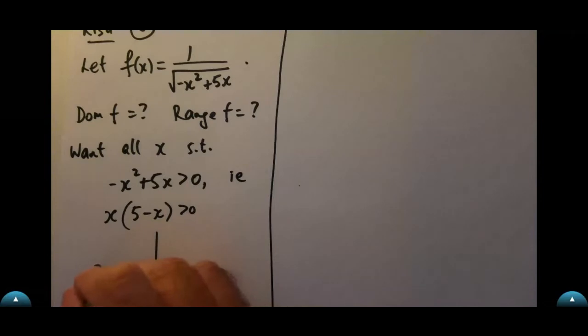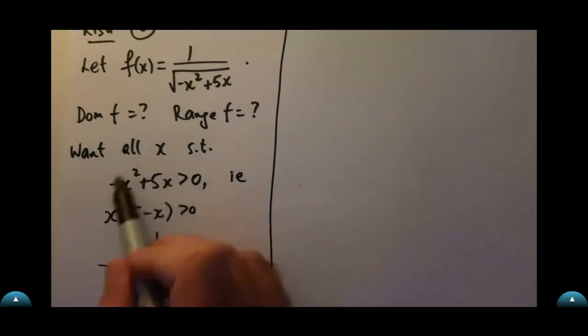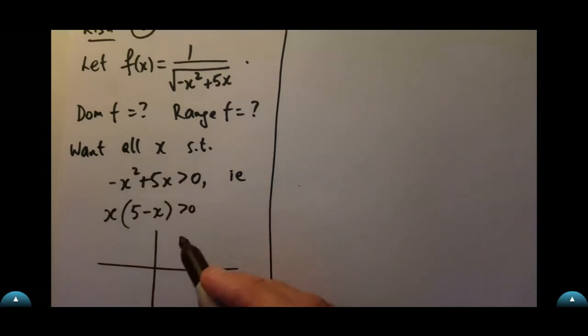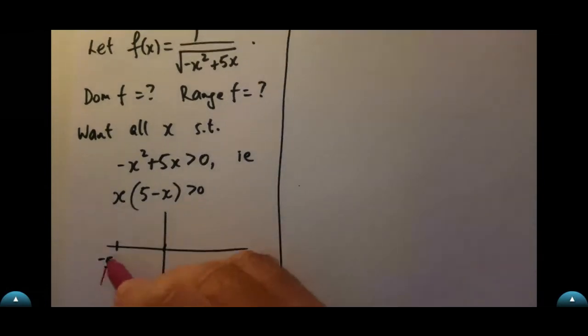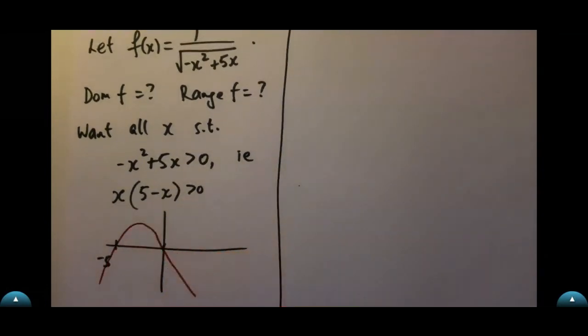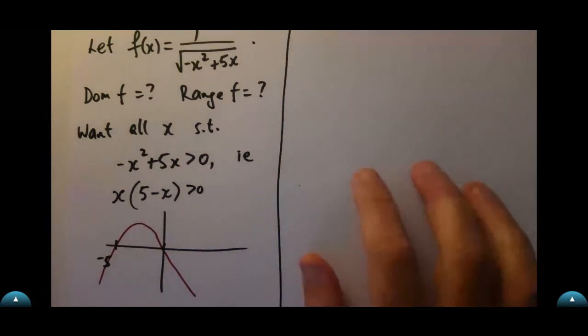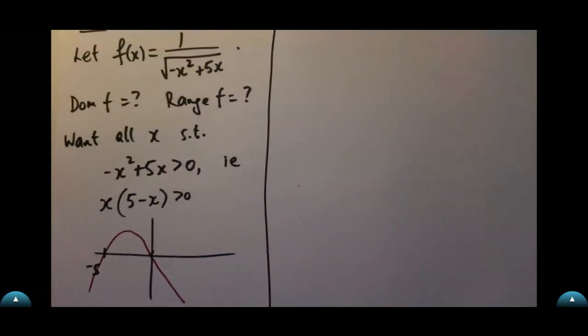So this is going to be one of those functions that cuts at -5 and it cuts at 0. And you're going to get a parabola that looks something like that. Okay, so that's the graph of this.